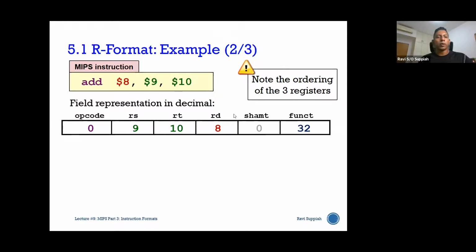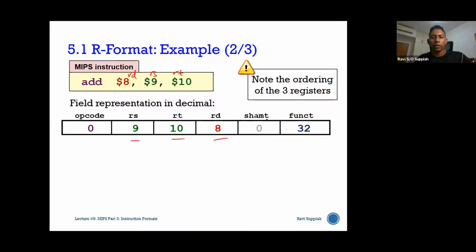So that is how you get this representation inside the instruction. Over here, you have your add instruction, with your registers RS, RT, and RD. These go into these locations.